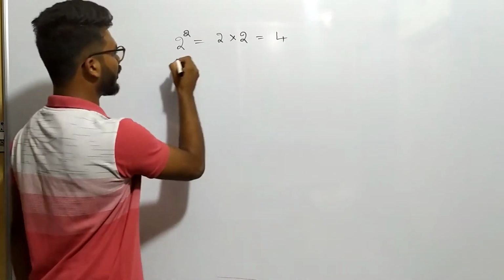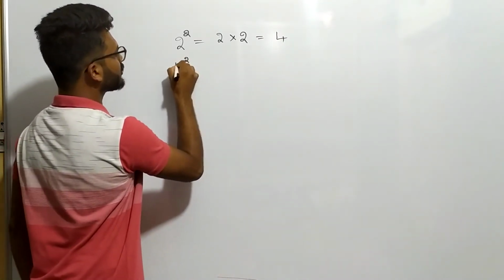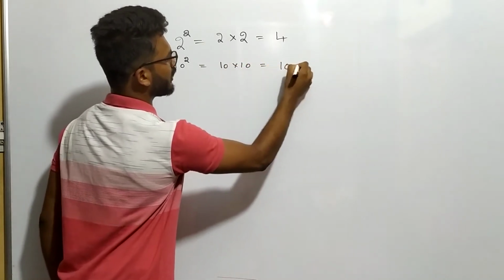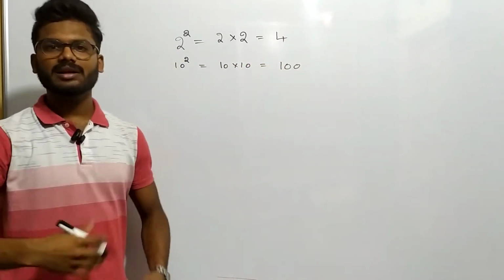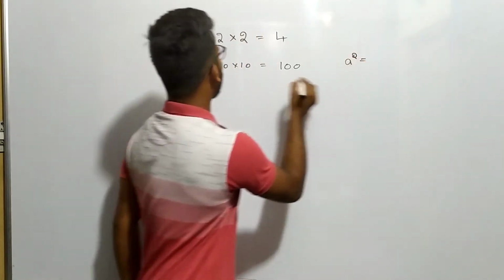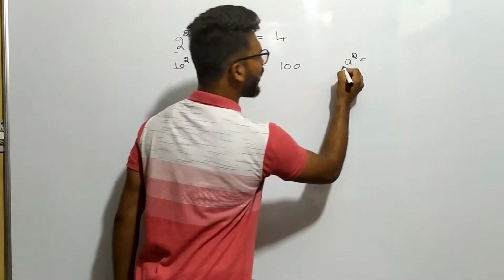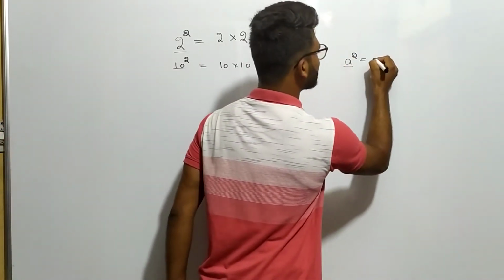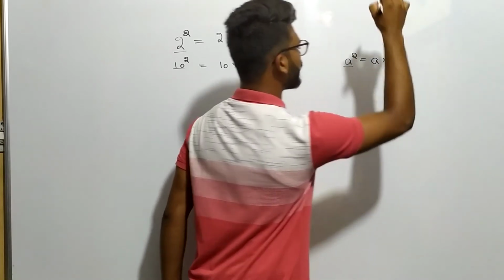In the same way, 10² is 10 into 10, so it is 100. In the same way, what is a²? Here we have numbers, and the same way here we have a variable. The variable a² is nothing but a into a.